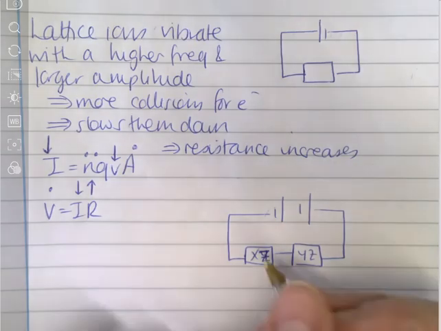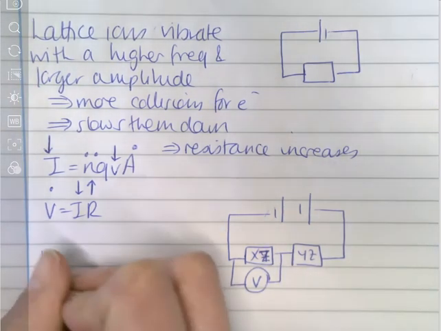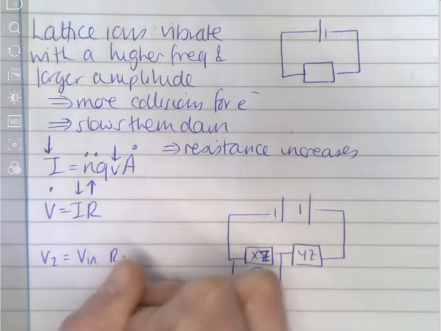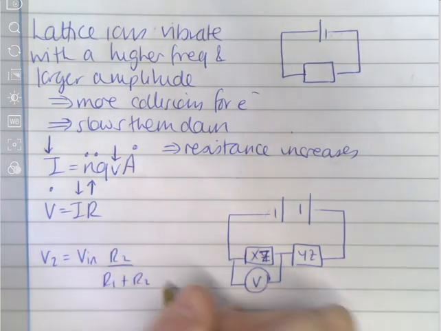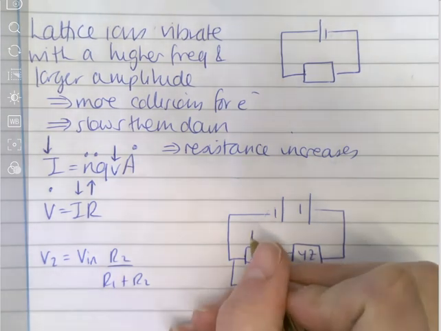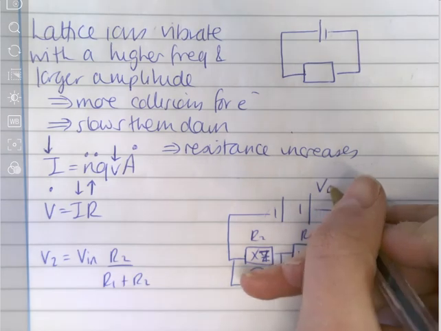Okay, I want to know what this potential is. Now I'm going to use the potential divider equation, which is that V2 equals V in times R2 over R1 plus R2. And V2 is always the thing that you're measuring, the voltage that's out. So this is V2, which means that this must be R2 and this is R1. And V in is V0 here.